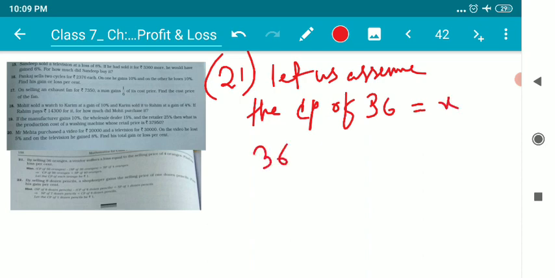If the cost price of 36 oranges is rupees x, then what is the cost price of 1 orange, children? x by 36. Yes or no? The buying price of 36 oranges is rupees x. So 1 will be x by 36.